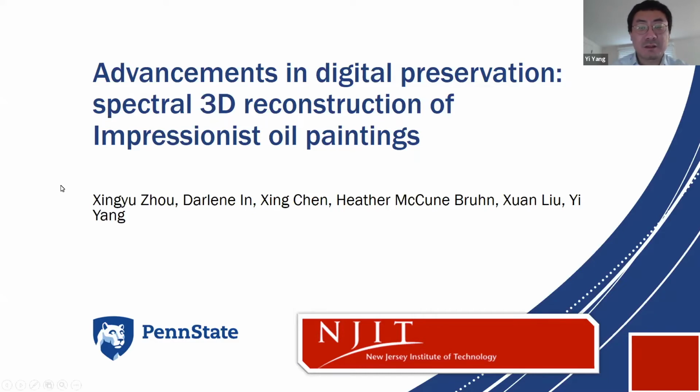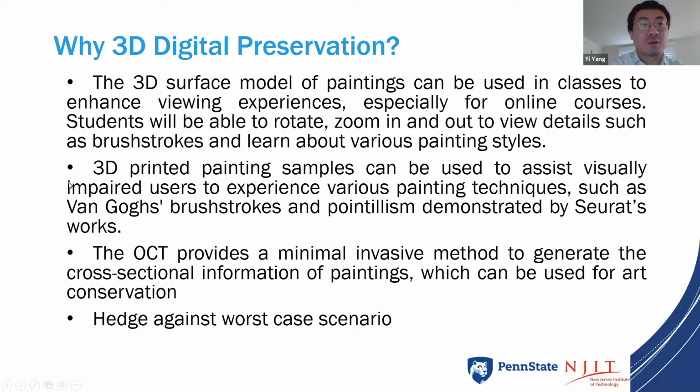So I'll start with the introduction. Why 3D preservation? When we originally thought about the project, we had a technology that was really used for biomedical applications. The technology is called optical coherence tomography, and I think it was first invented in the 80s, and it has been very popular now for examining eye retinas.